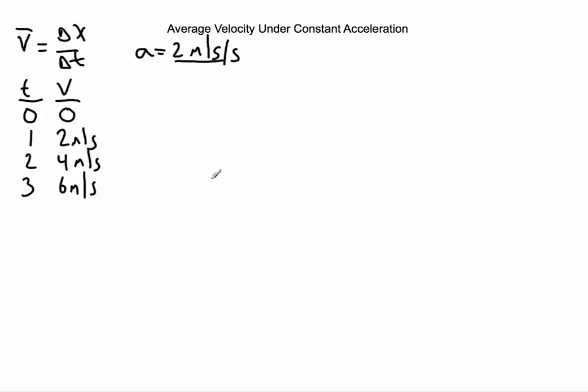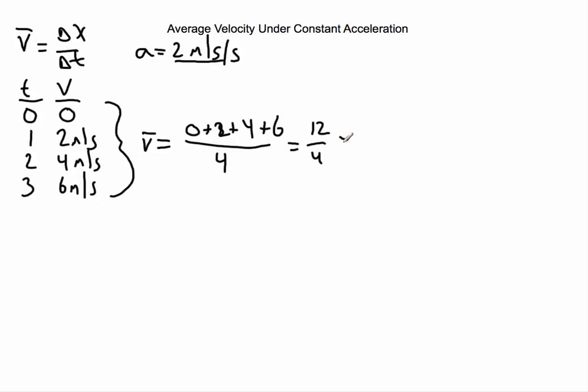Now, if we take a look at this, we can determine the average velocity over those 3 seconds. We can simply take the velocities that we have, divide by how many we have, and we end up with 3 meters per second as our average velocity.